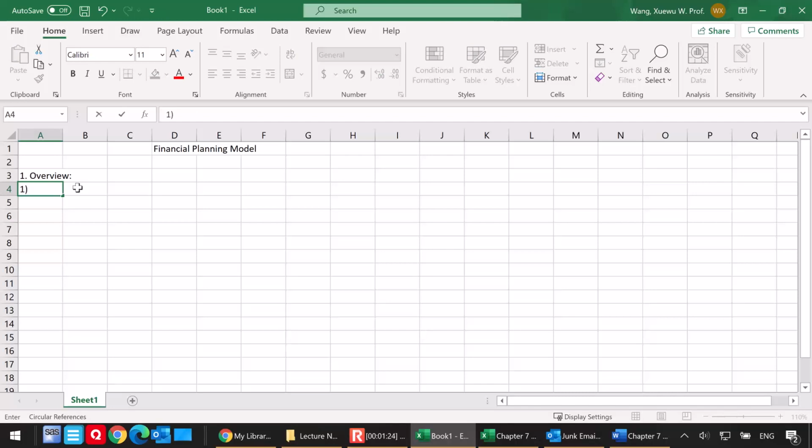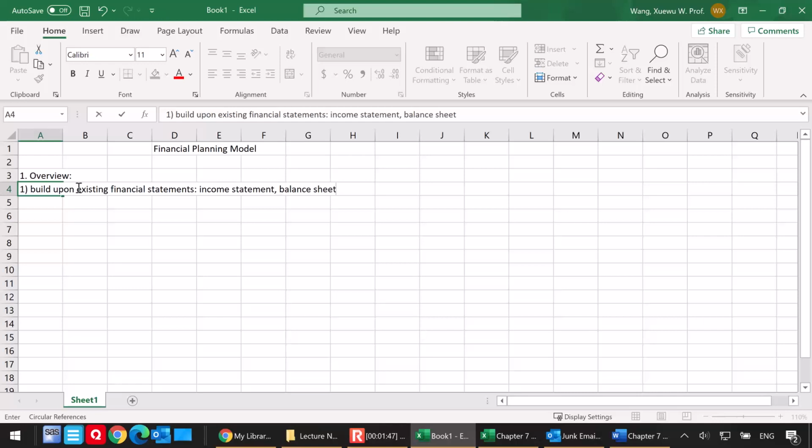The first step is to build upon existing financial statements. We know from accounting that there are three major financial statements. The first one is the income statement, and also the balance sheet.